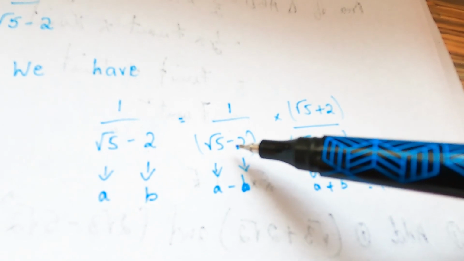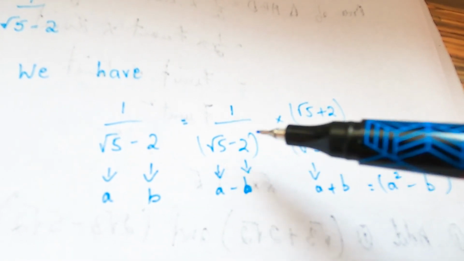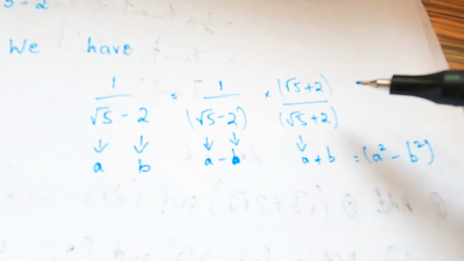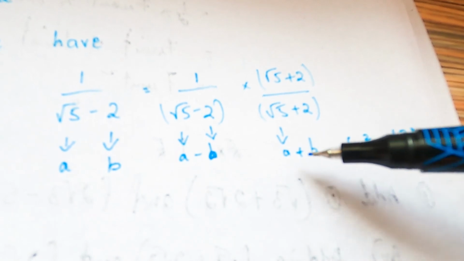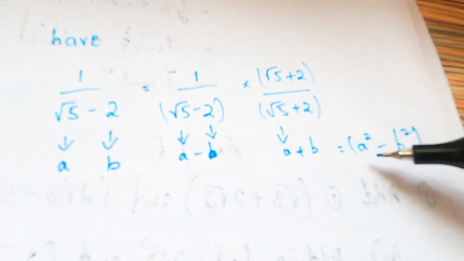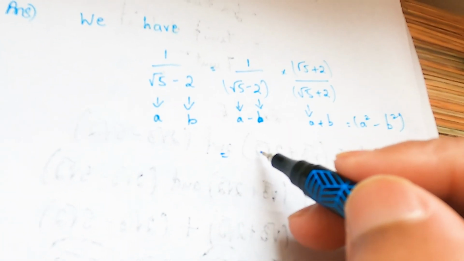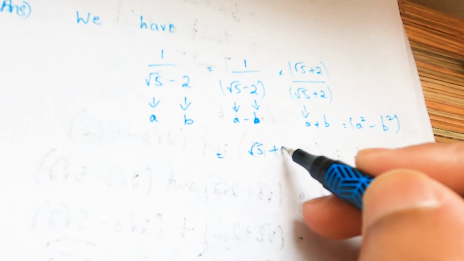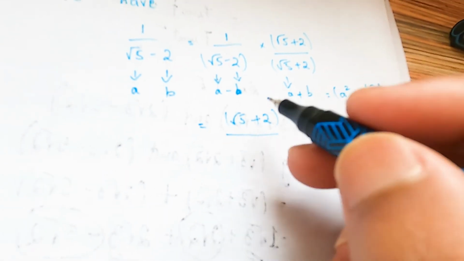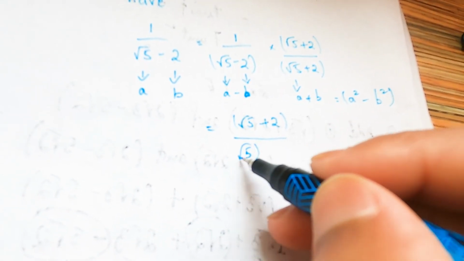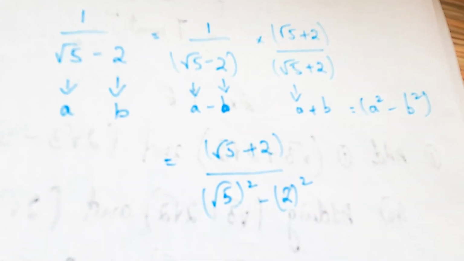If this is negative, here will be positive, and if this is positive, here will be negative, such that it will be in the identity A minus B, A plus B is equal to A square minus B square. So here it will be root 5 whole thing square minus 2 whole thing square.